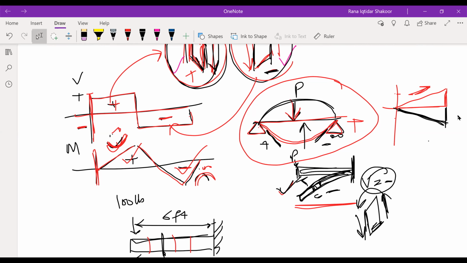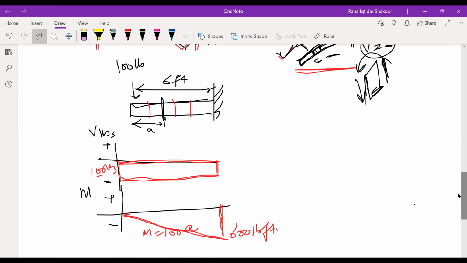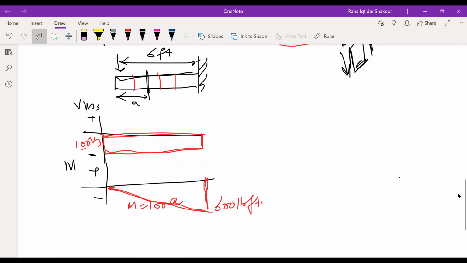So this is how you can have an idea of what is happening and what is positive; these are the standard conventions. Now we have this example: the beam length is 6 feet, a 100 pound load is applied at the tip, and then you have the distance A over here. A distance is this one, right.